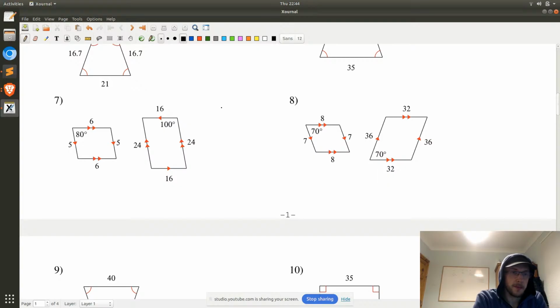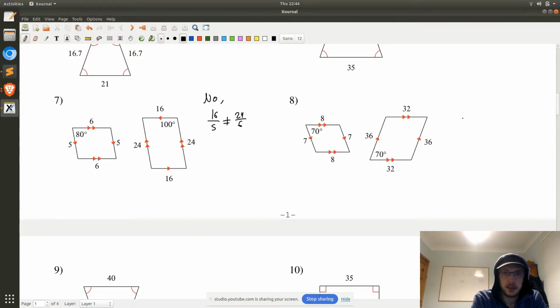And to go from 5 to 16, multiply by 3 1/5. Okay, does that work out for 6? No, it does not. So we say no.